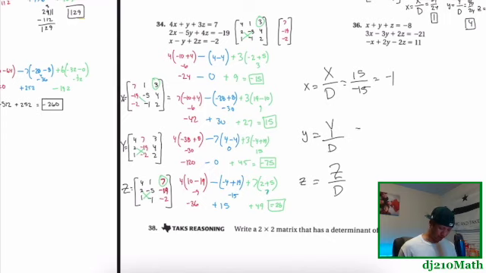Y is going to be negative 75 over negative 15. So it's going to be 5, right? Because 60 and 15, yep. So positive 5. And then Z is going to be 28 over negative 15.